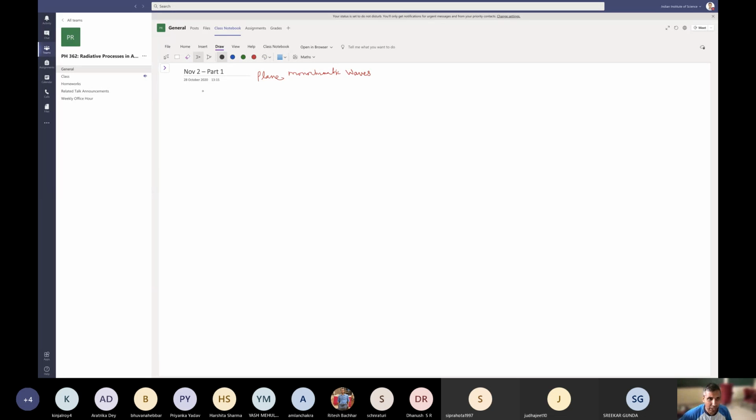So let me start. Let me use a thinner pen. So these are the Maxwell's equations in vacuum. These are the divergence equations, and then there are curl equations.